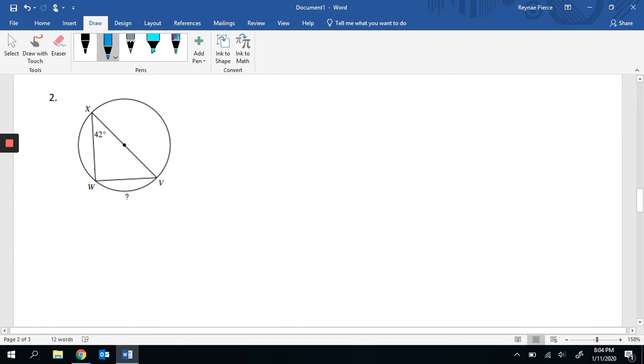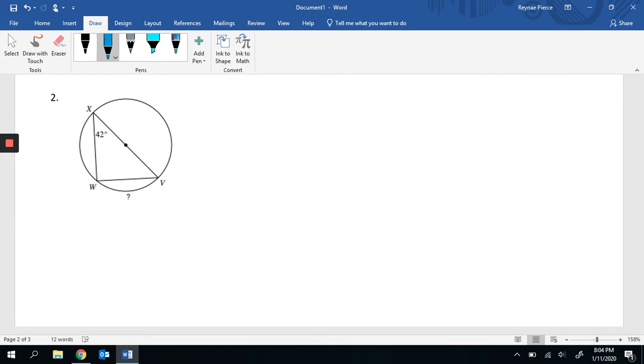In example 2, we are looking for the measure of arc WV. WV is, like I said, an arc, and the arc is twice the measure of the angle that it's intercepted by.